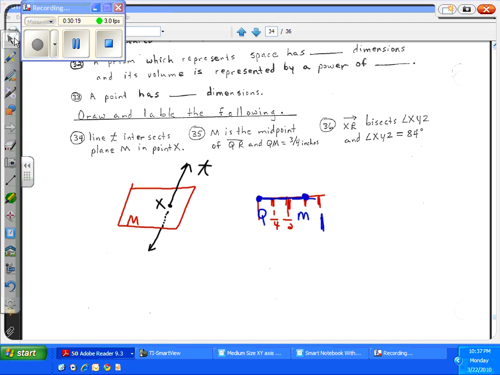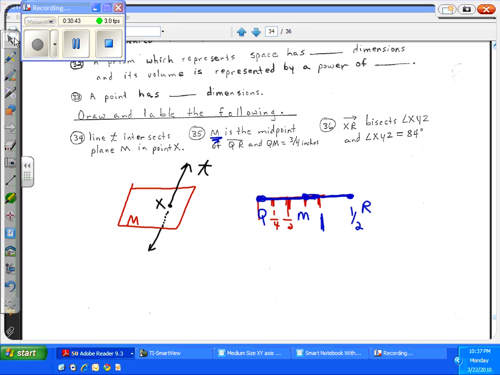Now, that's the little piece. It says M is the midpoint of a bigger piece, QR. That means we need to go another 3/4. So you'd find another one of those fourths, and then another one of those fourths, and then another one of those fourths, which would actually put you at 1.5. And that's where your point R would be.